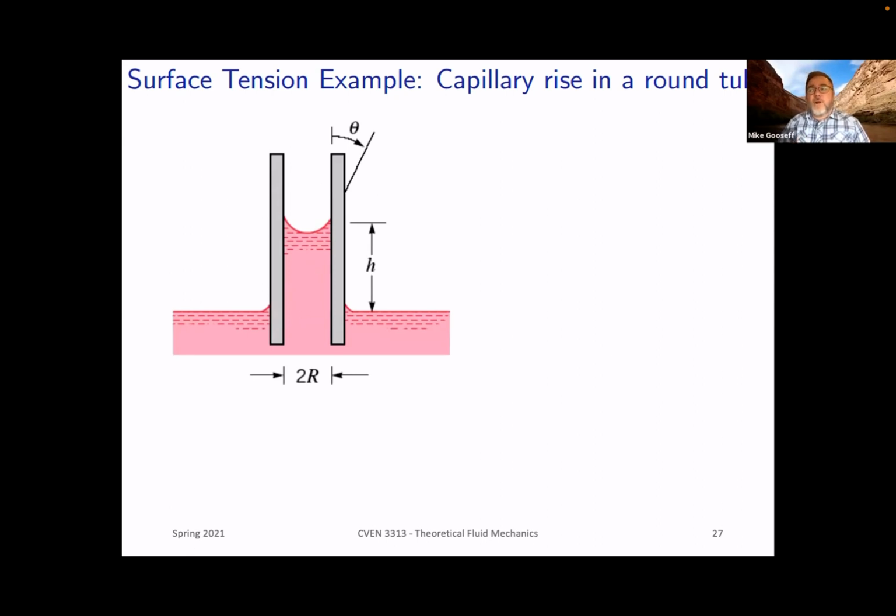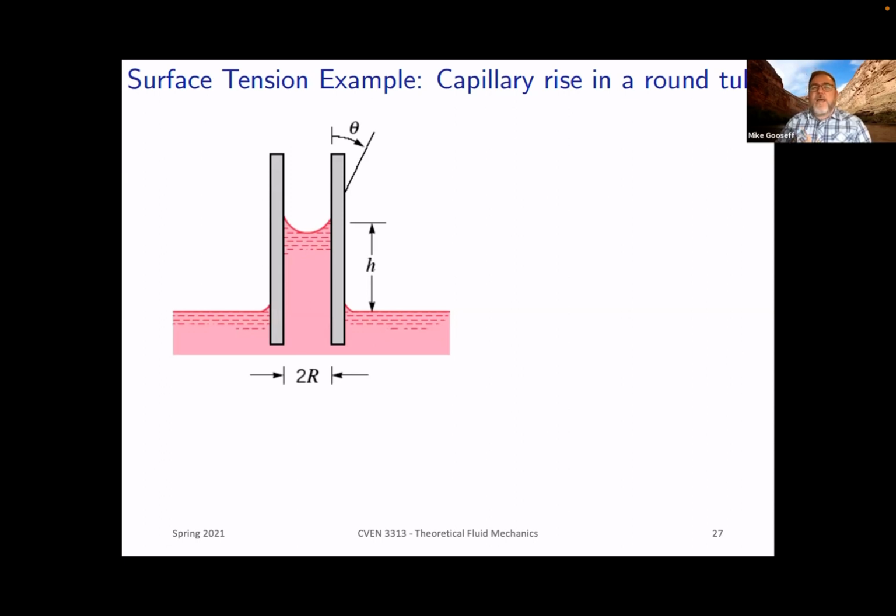Therefore, if we were to draw, and we will in just a moment, a force body diagram for this situation, there is some force that is pulling water up, holding it up, and of course there is gravity acting to pull it down. So surface tension in this case is acting in the opposite direction as gravity, and it can only go so far, right?